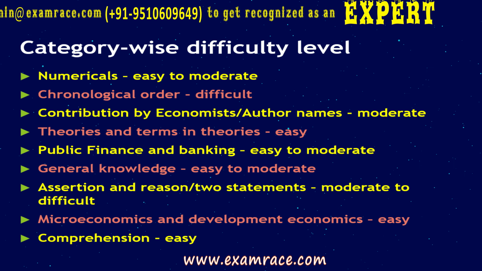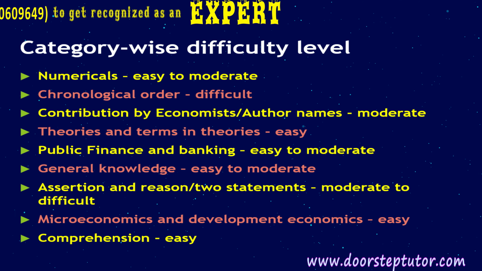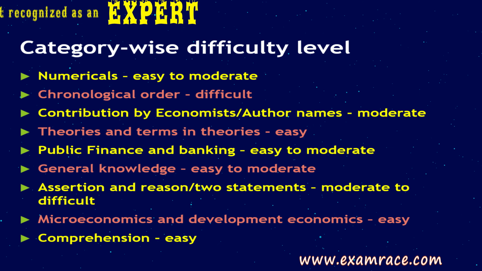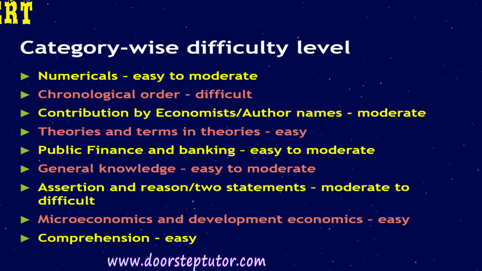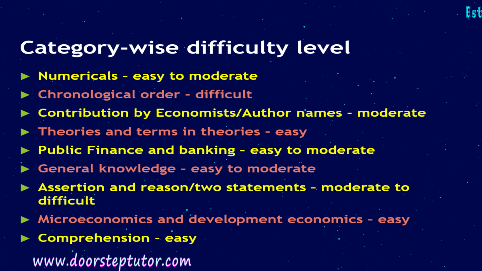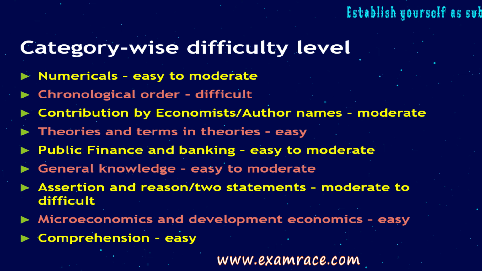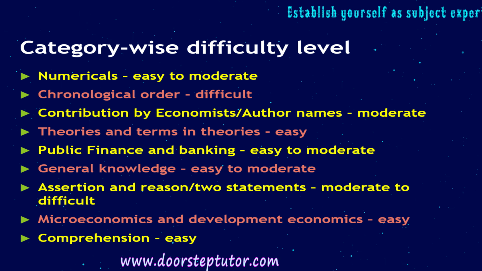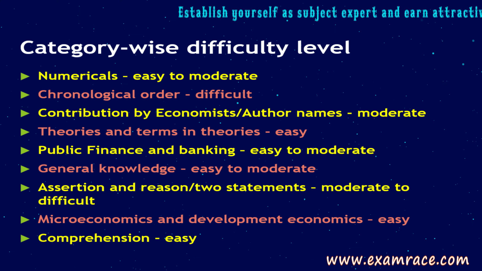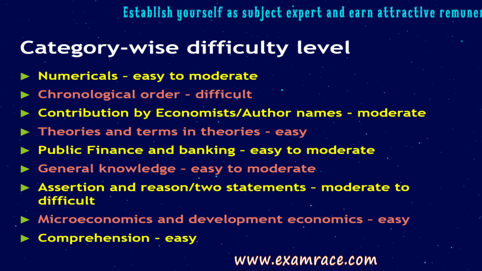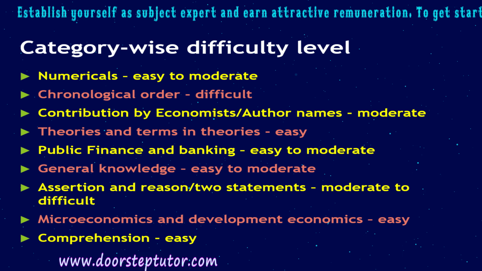And then the next section is assertion and reason. There were two statements. One was termed as assertion and one was termed as reason. So you have to identify which is true. Assertion is true, or reason is true, or both are true. So you have to identify that. Then also there were questions where two statements were given, and you had to identify which statement was true.